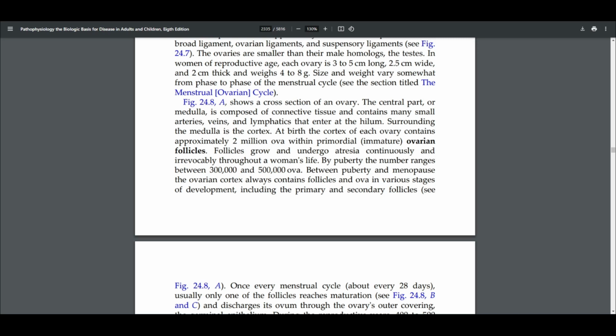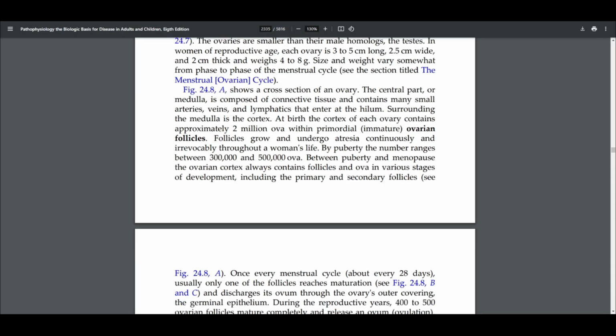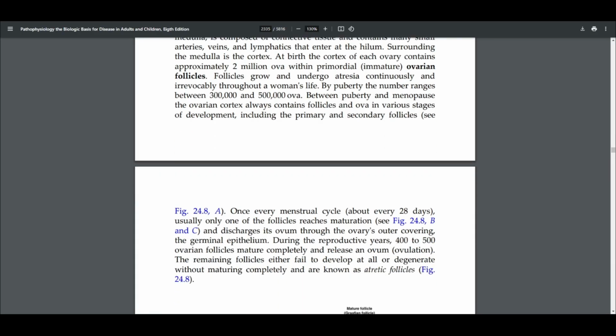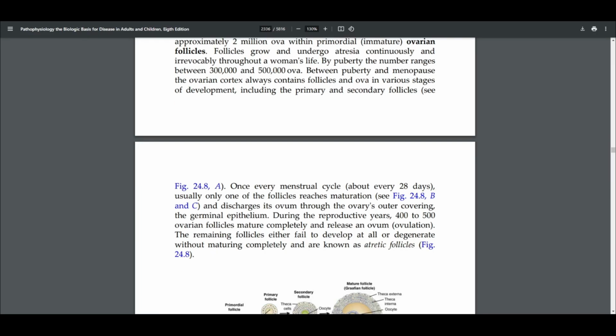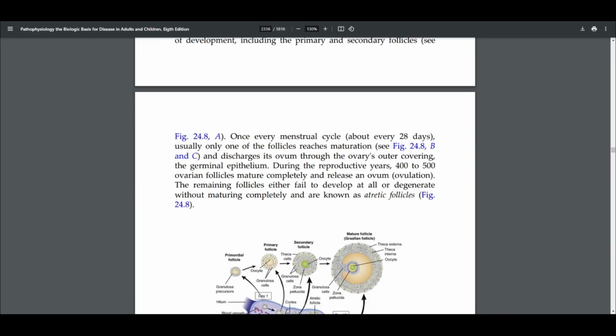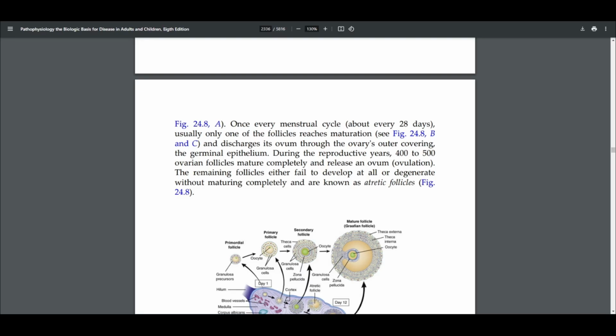Between puberty and menopause, the ovarian cortex always contains follicles and ova in various stages of development, including the primary and secondary follicles. Once every menstrual cycle, usually only one of the follicles reaches maturation and discharges its ovum through the ovary's outer covering, the germinal epithelium.